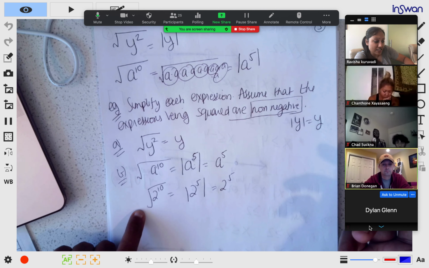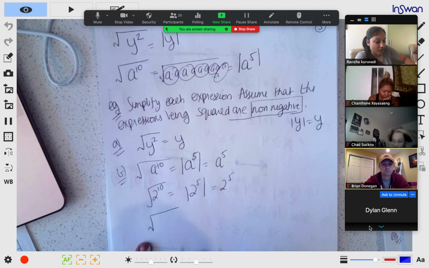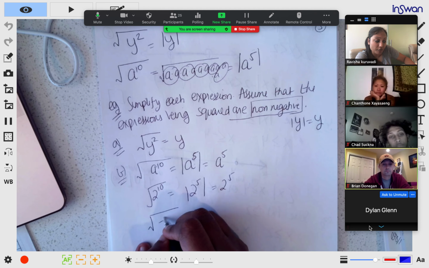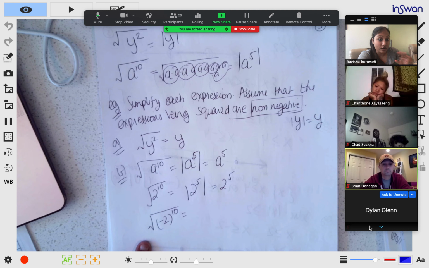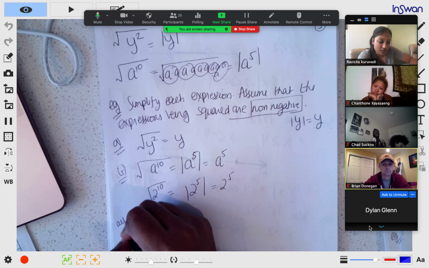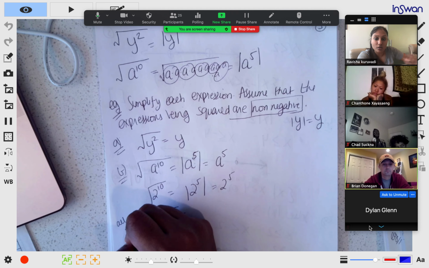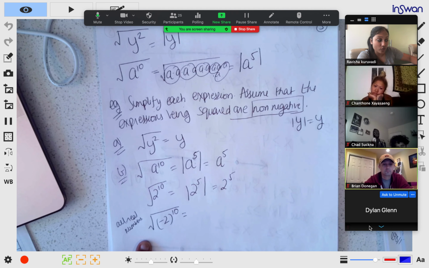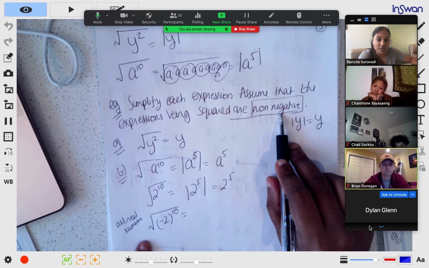But in the previous example, if I had negative 2 to the power of 10, I could have taken negative numbers also, because it said all real numbers. In this example, I can only take non-negative, meaning positive numbers only.